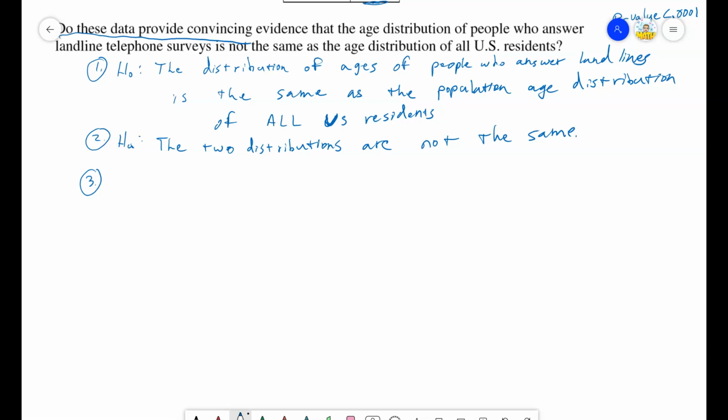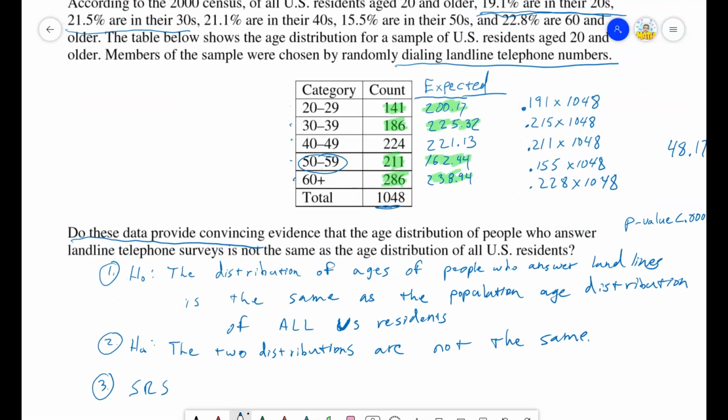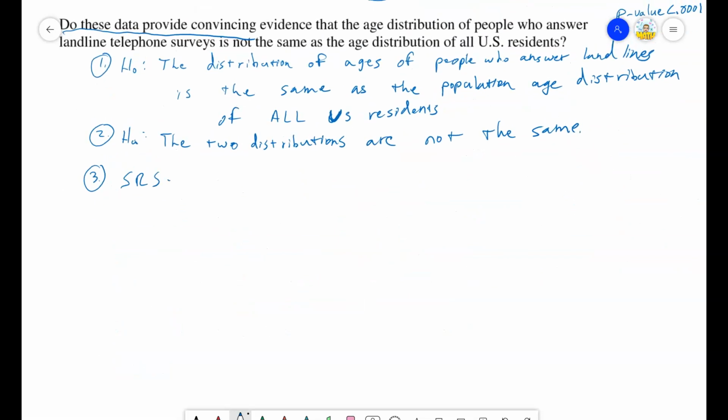So now we go to our conditions for inference, right? Did we take an SRS? And it does say up at the top here that they were randomly dialing landline telephones, okay? So we have that.